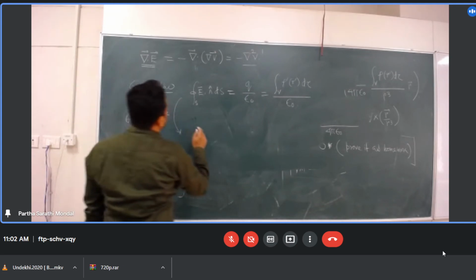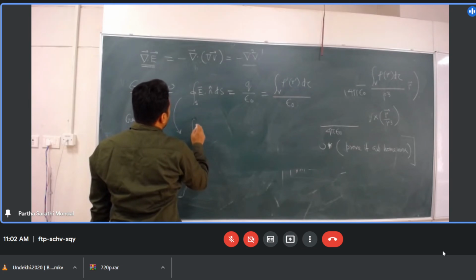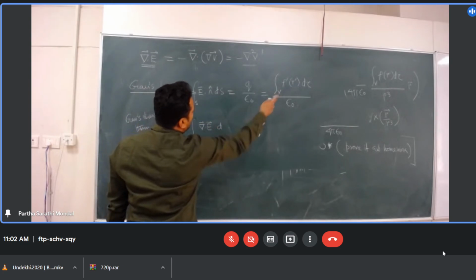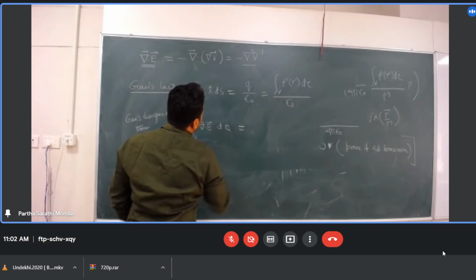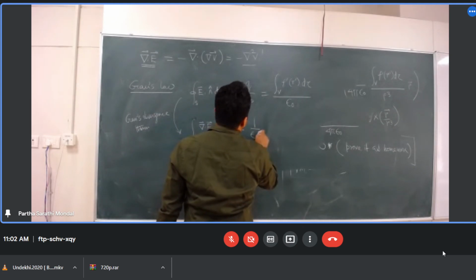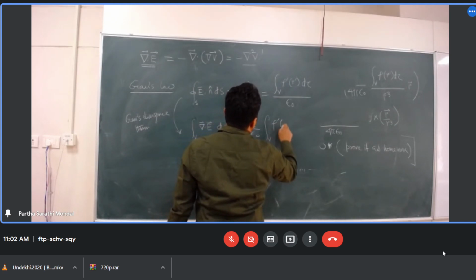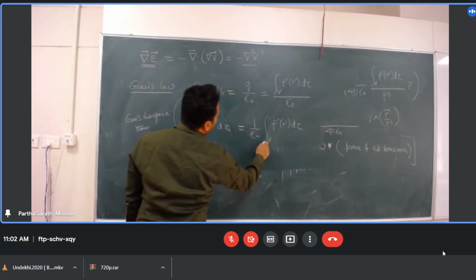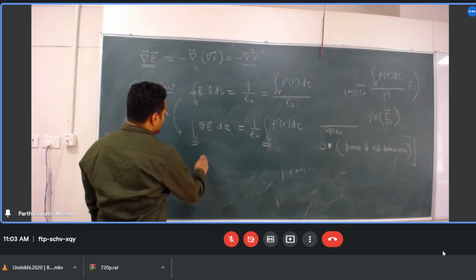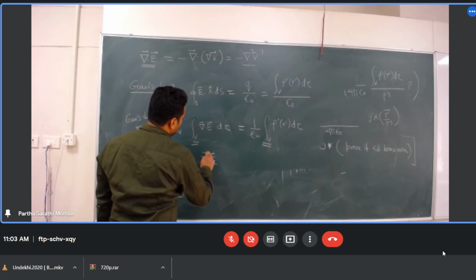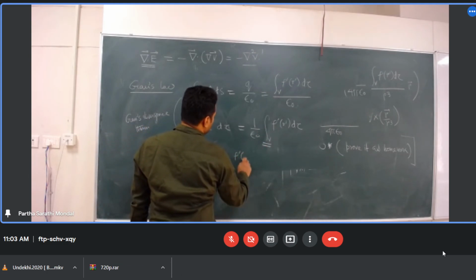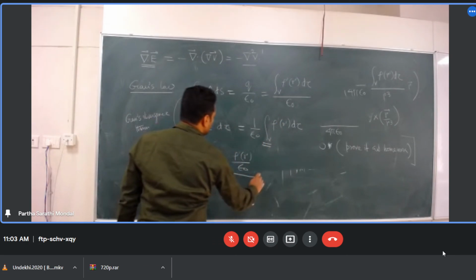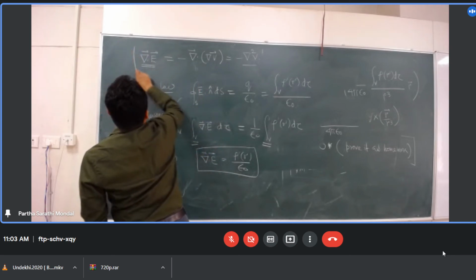It will become the volume integral of divergence of E dot d tau, and this will become 1 by epsilon 0 rho r dot d tau. Now you can take out the volume integral on both sides, so divergence of E will become rho r dot divided by epsilon 0.